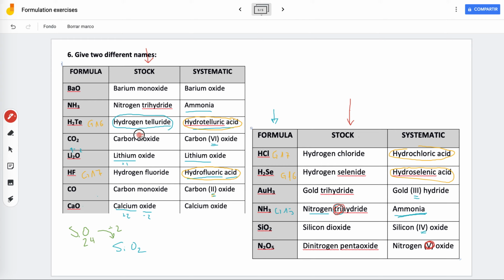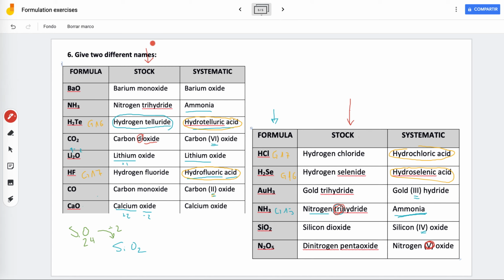Because it tells me, like in this example, how many atoms of each element we have in the compound. It's very simple. If we get to know stock names, we will know the formula in 90% of the cases. Like in these cases, lithium, 2 lithiums and 1 oxygen.